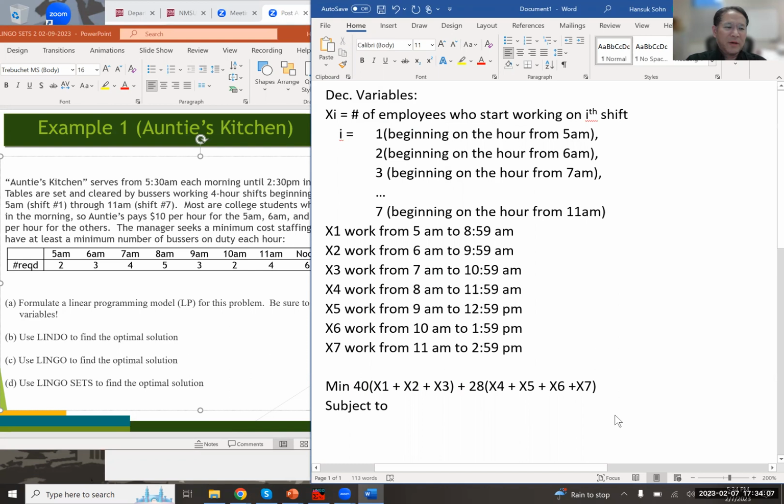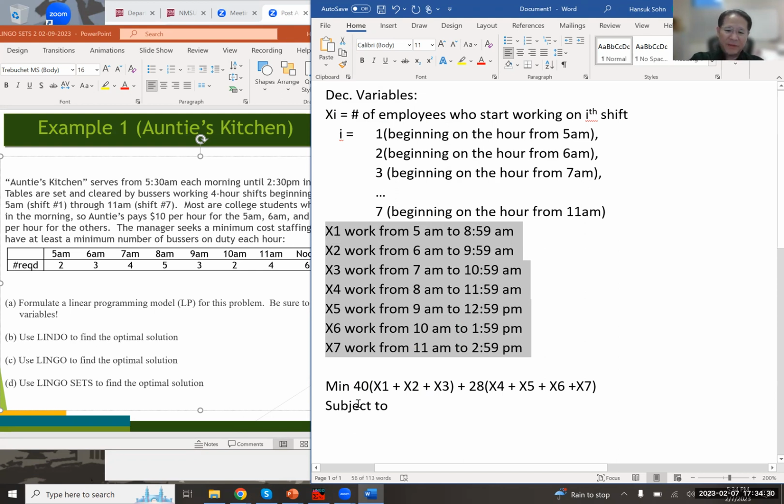So for 5 a.m., so 5 a.m., who's working? Based on this, only X1 people work, right?